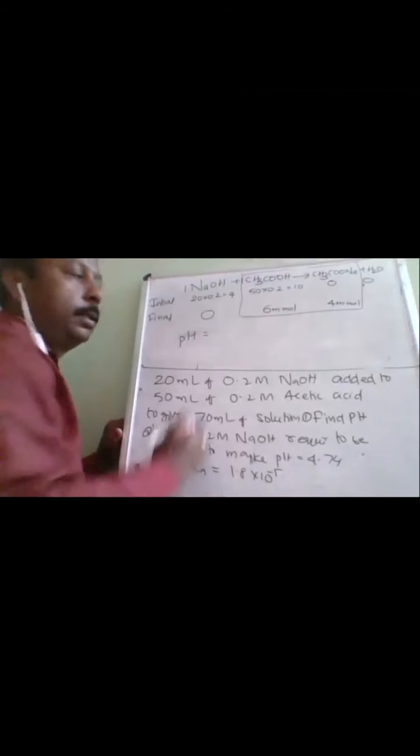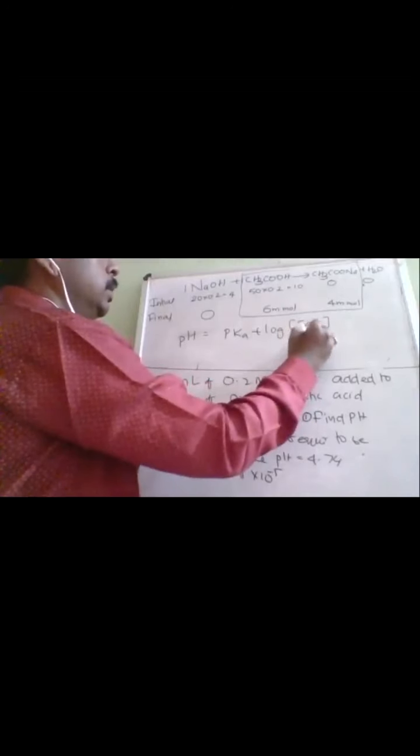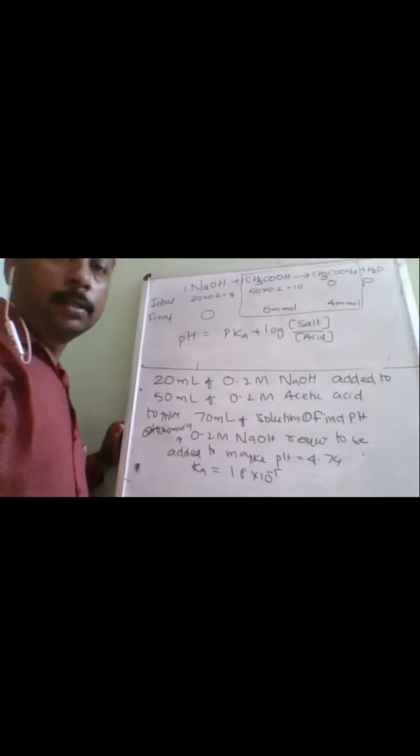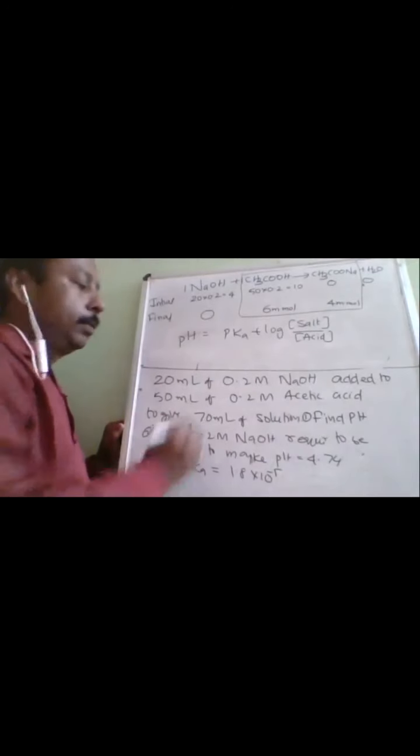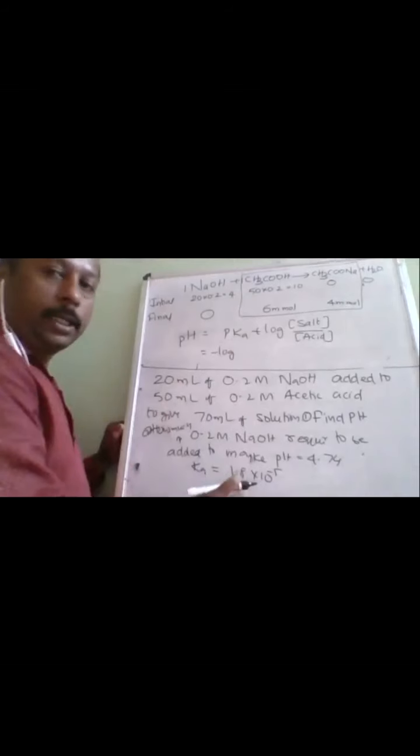So pH is equal to pKa plus log of concentration of salt upon concentration of acid. Here pKa is not given, Ka is given.